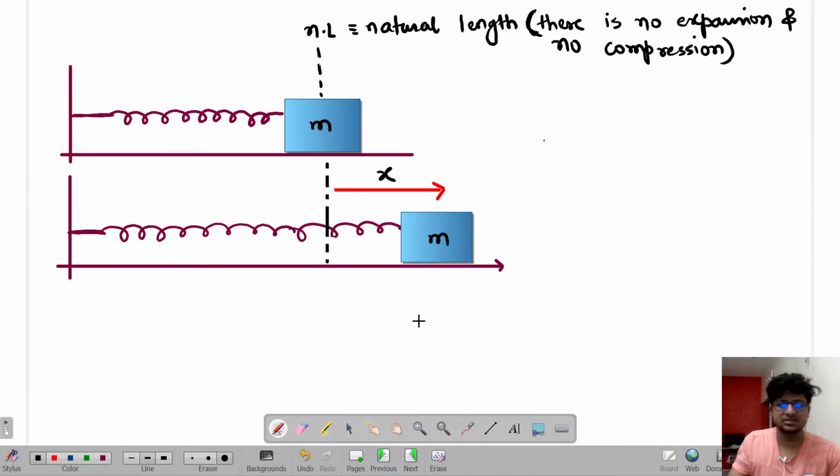When you stretch this mass m, let's suppose I applied some force F and I brought this over here, then this particular mass m is going to experience some kind of force. Now again, it has a nature, as I have told you, there are four types of contact forces: normal, tension, spring and friction. So here also spring is considered, a contact force is going to appear.